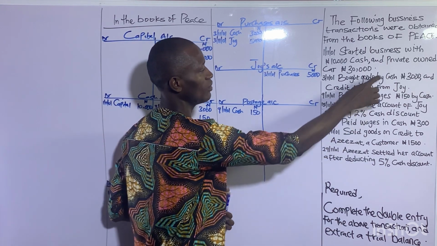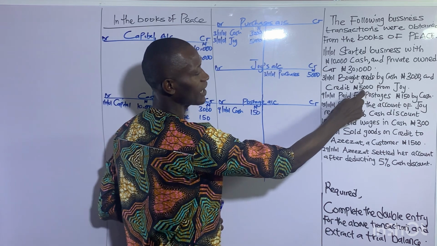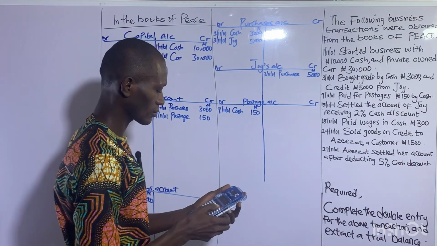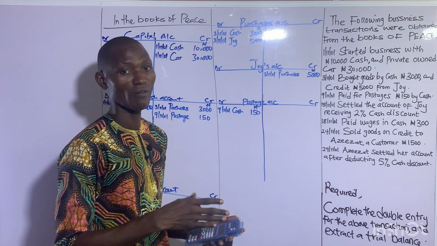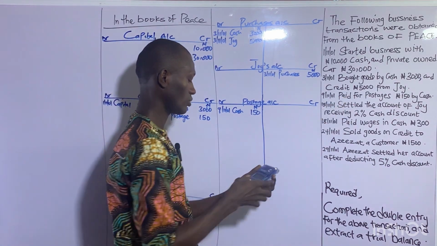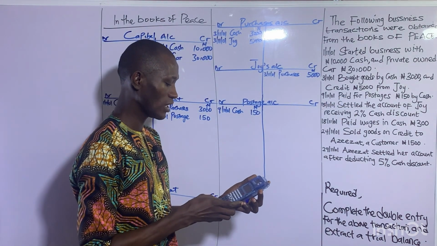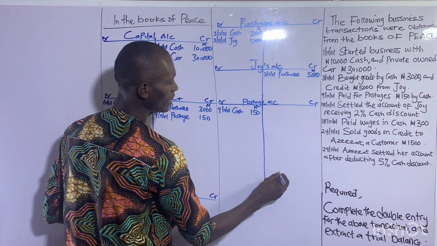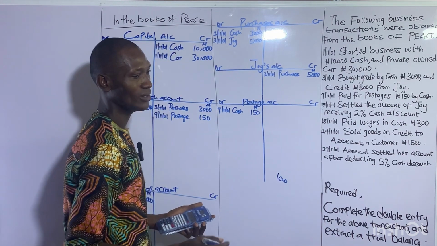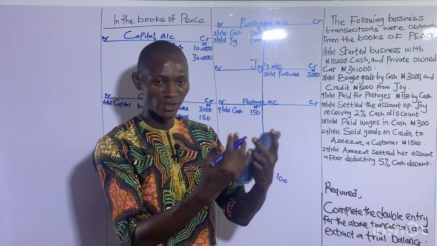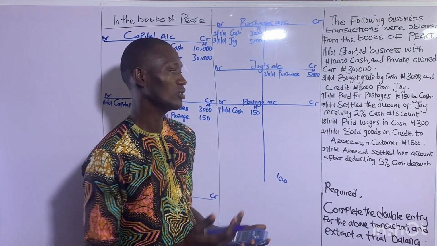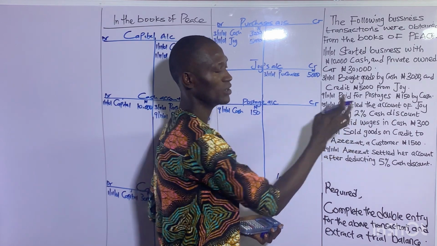So 2% of 5,000 naira. Excuse me. Let's calculate that. So 2% means 2/100 times 5,000. That's 100 naira. So 100 naira is the discount that Peace received from Joy for buying goods of 5,000. She was given 2% discount.